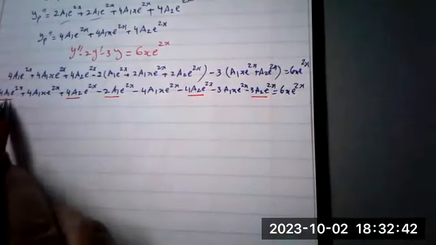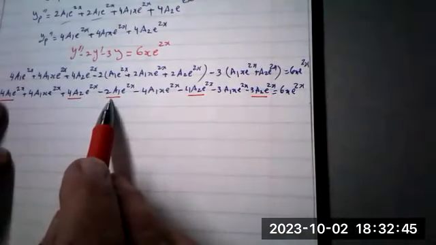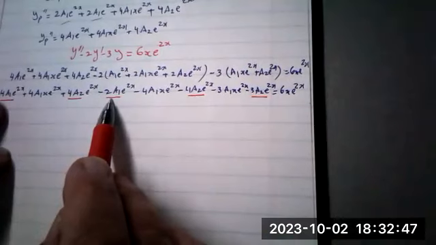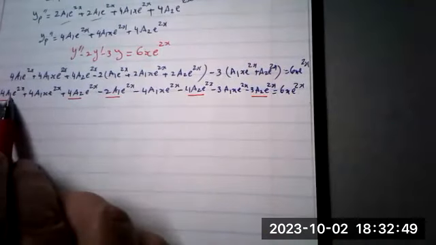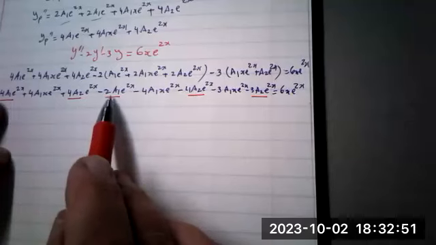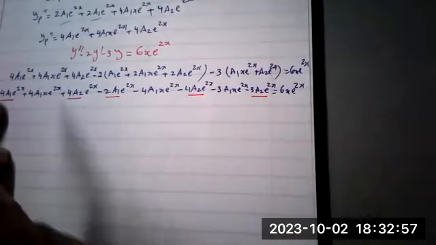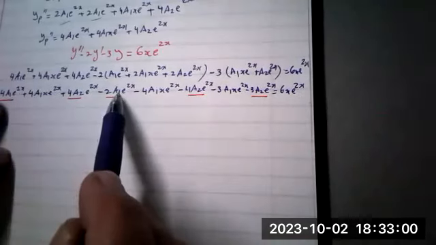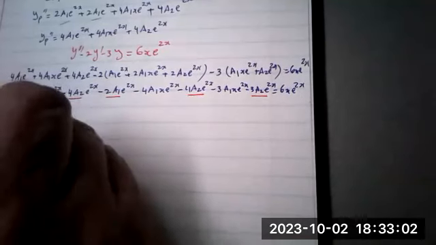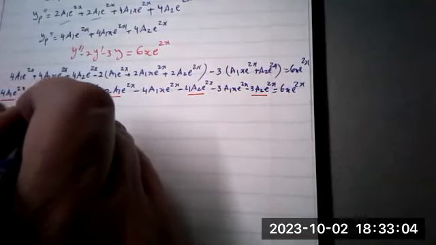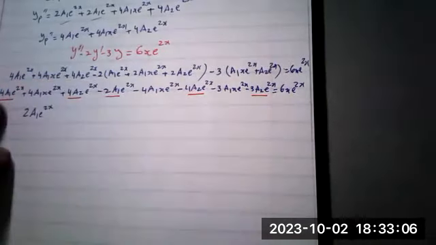With the a1, this is 4a1. This is a negative 2. So that's a 4a1, and I have an a1 over here. So that gives me 2a1. You can drop all the e to the x if you like. This is going to be the a1.